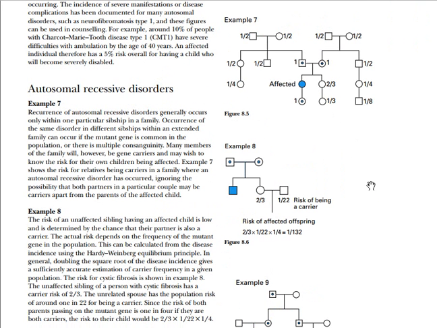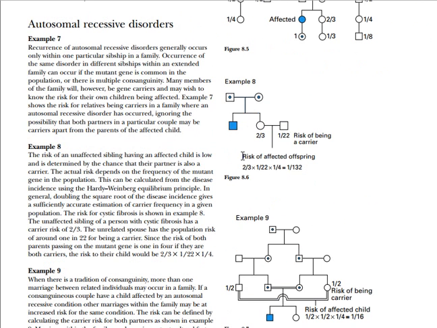Is it clear? Now, for example, this is a risk of transmitting, so this is the risk of having an offspring who is affected with cystic fibrosis. So now, let's understand it quite well.